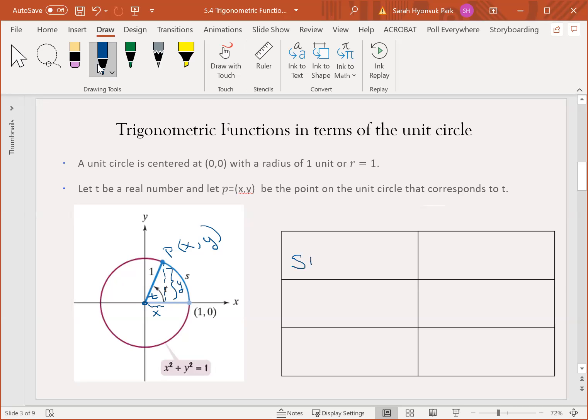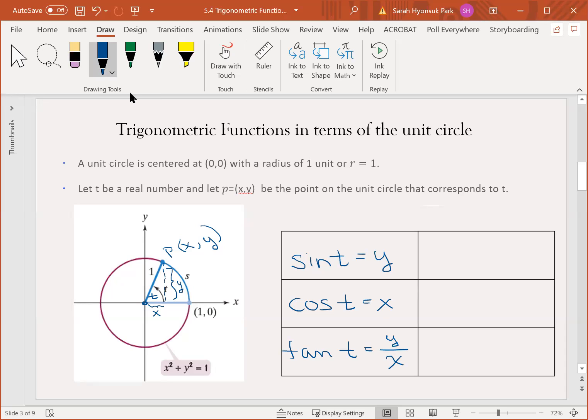So within a unit circle, sine T is opposite Y over hypotenuse 1, and Y divided by 1 is just Y. Cosine of T, where T is the angle and the reference angle in the unit circle, is adjacent over hypotenuse, adjacent being X, hypotenuse being 1, and X over 1 is just X. Tangent T is opposite over adjacent, so in this case, opposite is Y, adjacent is X.